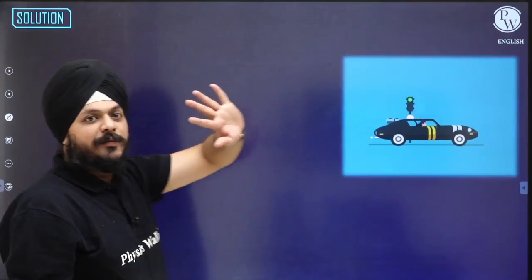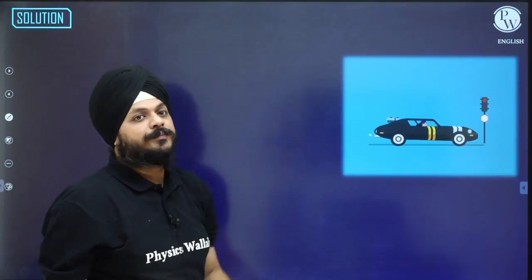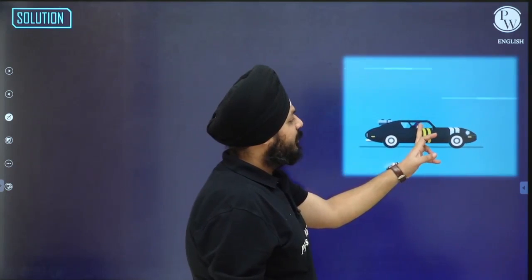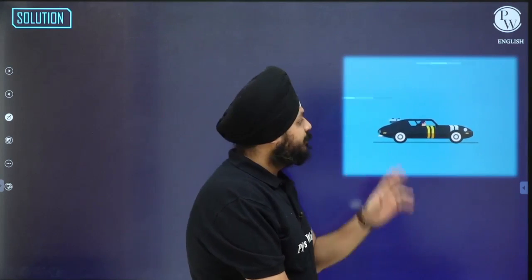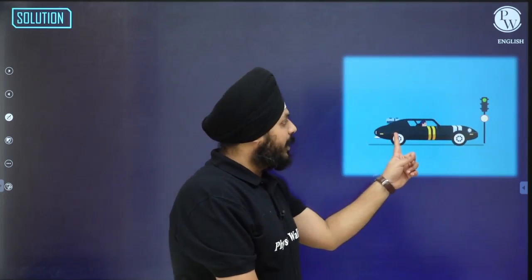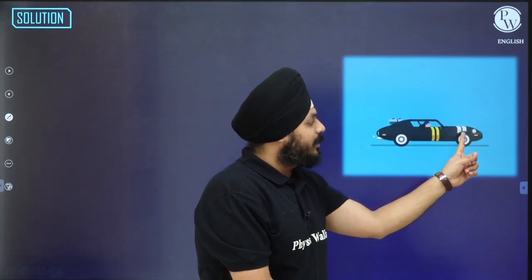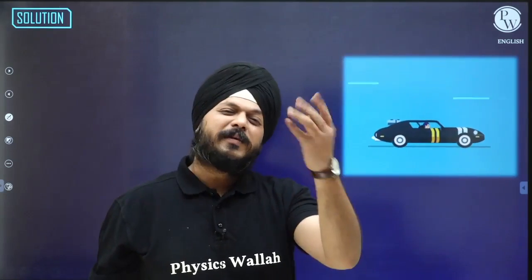We are going to use the three equations of motion only, but first analyze the visual relevant to the question. Starting from rest, accelerating, again retarding to be at rest. Connect the visual with the question. Three equations of motion we are going to use, but in a different manner.